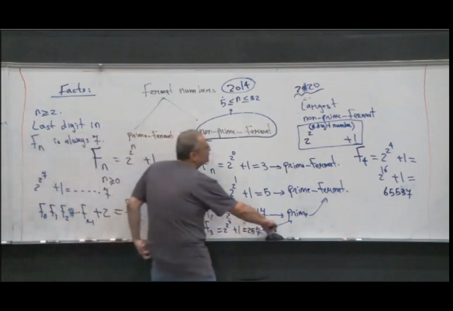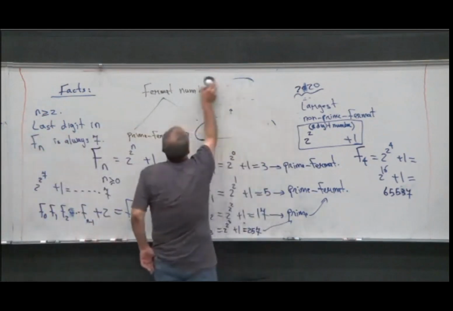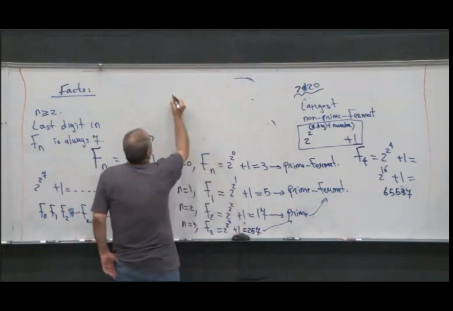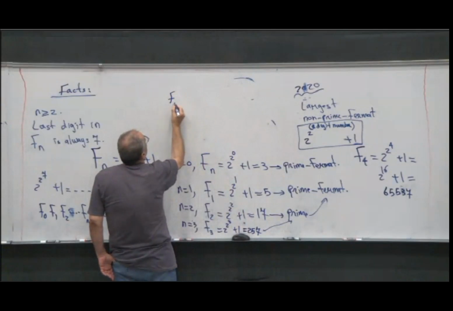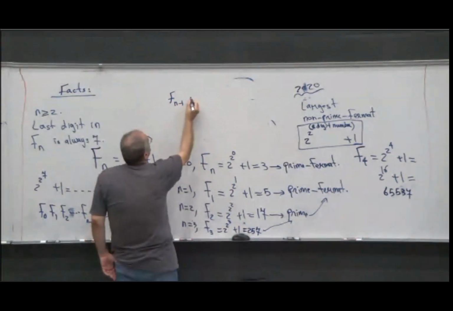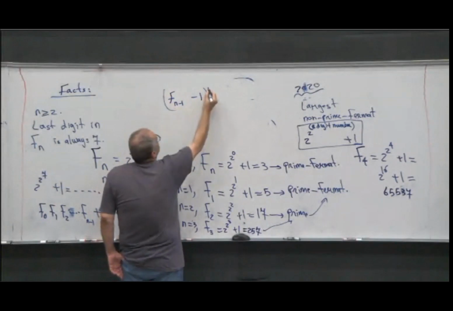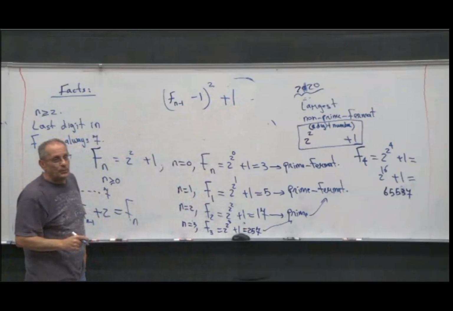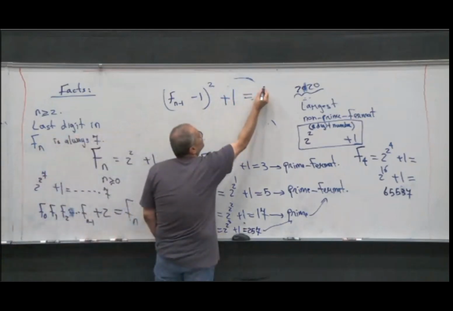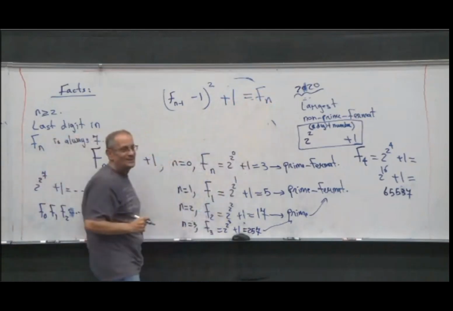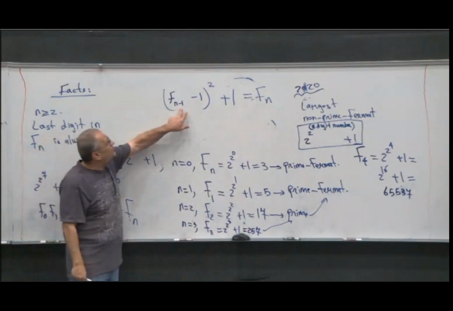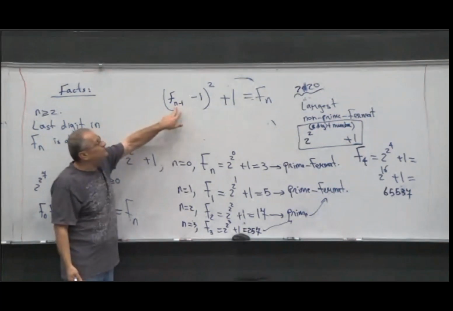What's amazing about Fermat numbers is this also. Take F(n minus 1), square it, and add 1. That will give you also Fn. You can check that, like when n equals 1.